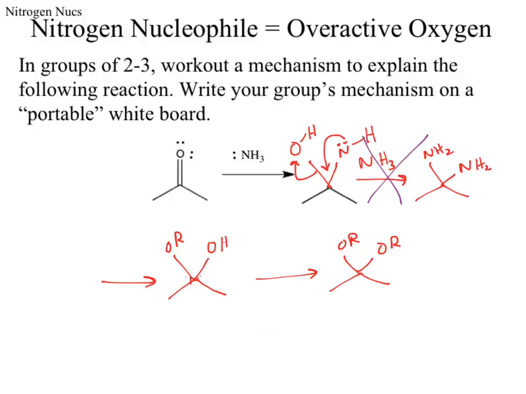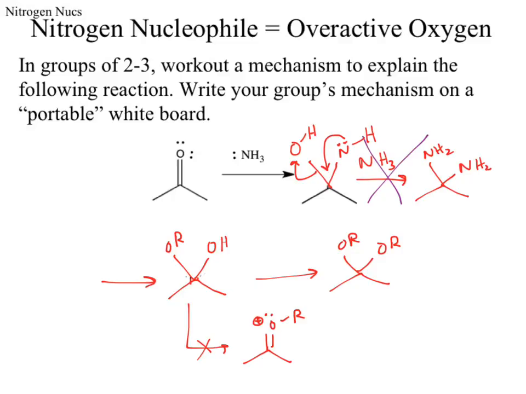The oxygen, on the other hand, can't go through to form that structure because it is not a good nucleophile. Nitrogen's chemistry is slightly different from that of oxygen. Better nucleophile, better ability to stabilize that positive charge.